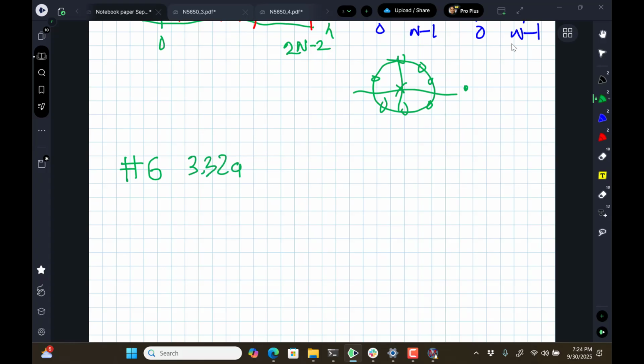So this is the one that has 3 terms in it, so this is just tedious.